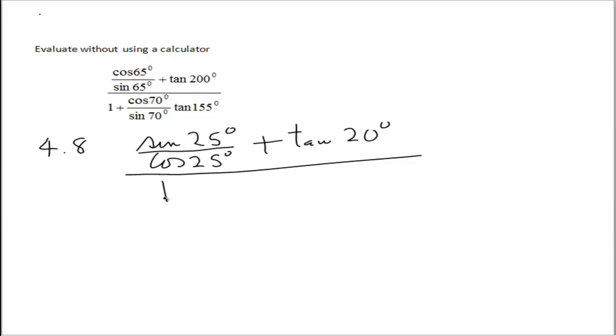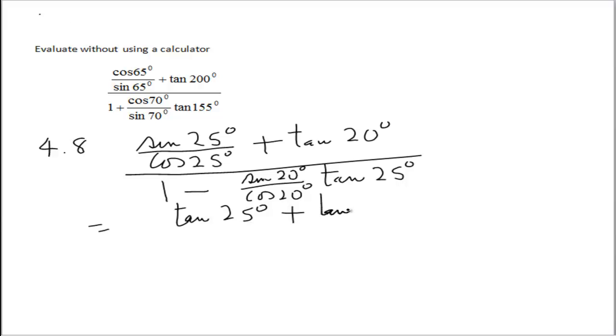Now tan of 155 is minus tan 25 because that's the second quadrant, and then cos, that is now sine 20 degrees over cos 20 degrees, and that gives you, using complementary, tan 25 degrees plus tan 20 all over 1 minus tan 20 tan 25.